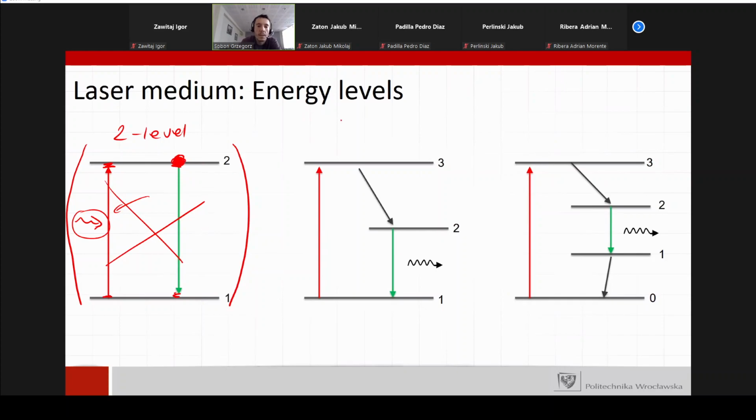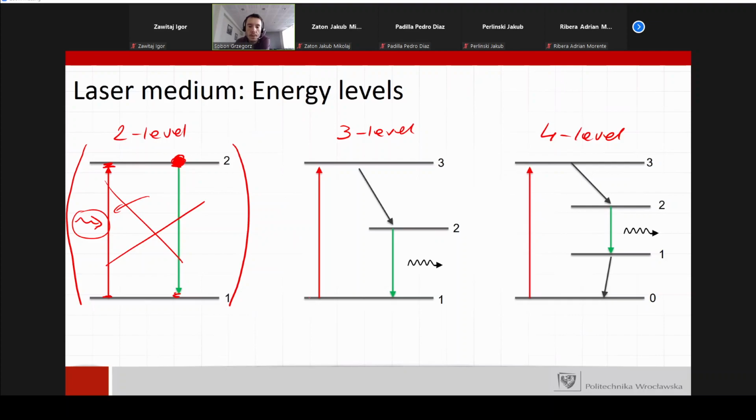So in lasers, we use atomic systems or molecular systems, media that have a 3-level or a 4-level system. So a 3-level system works like that.